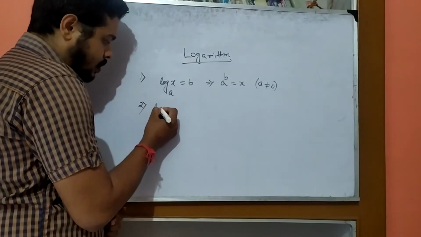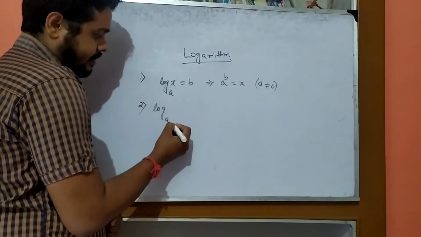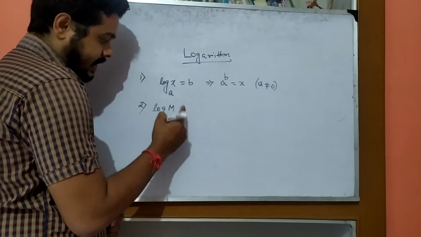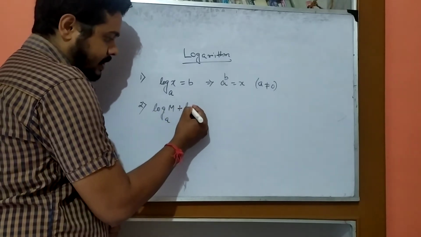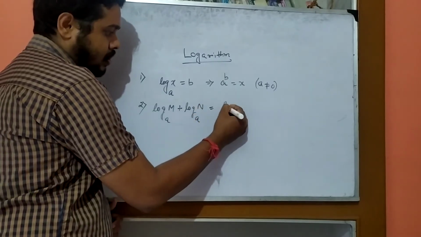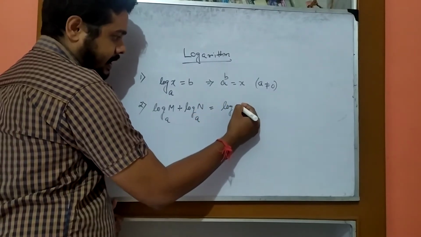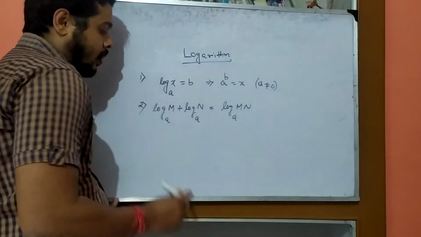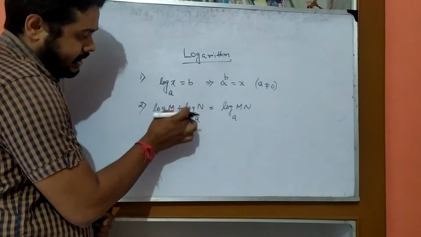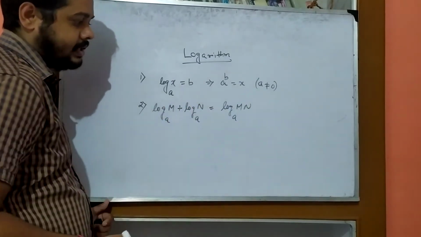Number 2: log m with base a plus logarithm n with base a equals logarithm mn with base a. When bases are the same but the logarithms are different, that time they are multiplied.